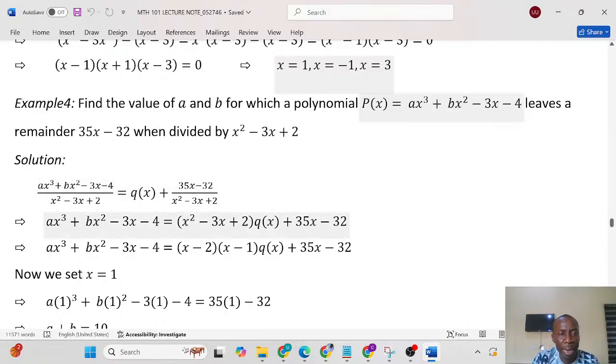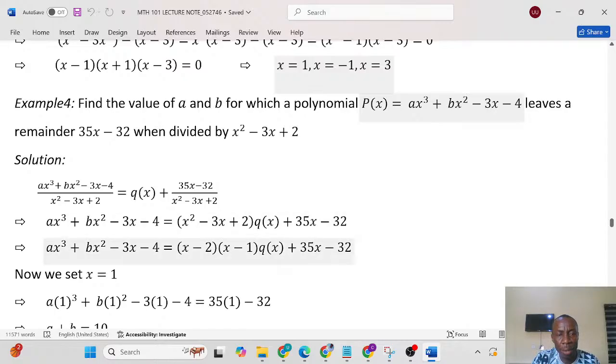Now, ax cubed plus bx squared minus 3x minus 4 is equals to x squared minus 3x plus 2, bracket open and close, q of x plus the remainder.